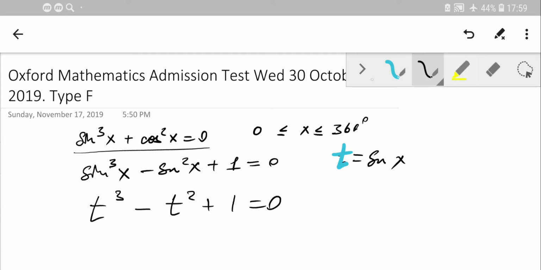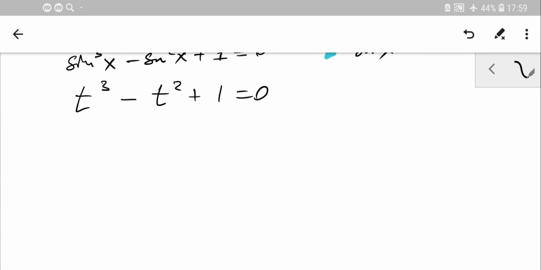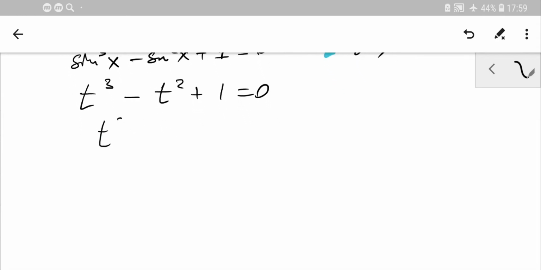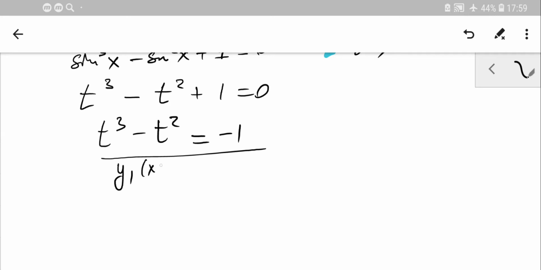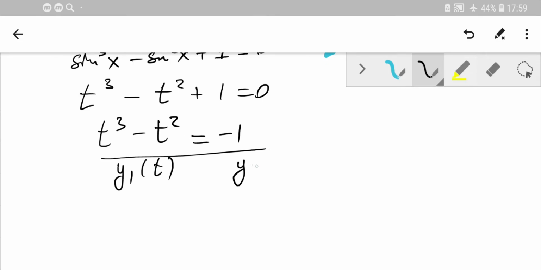As in the type A question, I separate it: t cubed minus t squared equals -1. I put a function y1 of t, and a second function y2, which is a constant and doesn't depend on t.